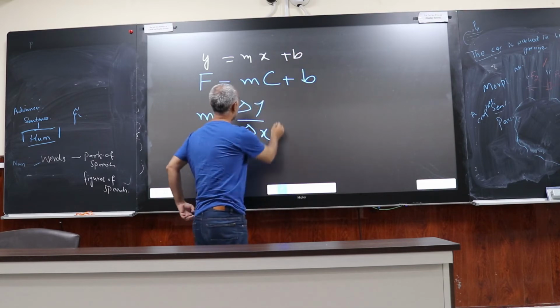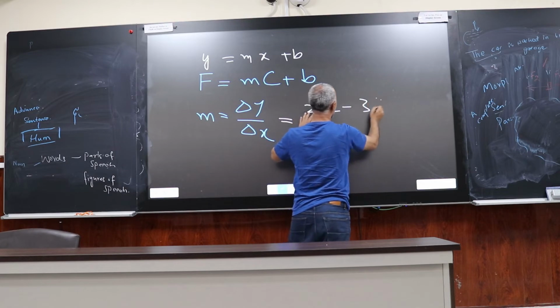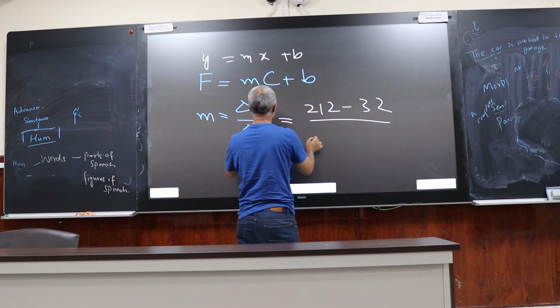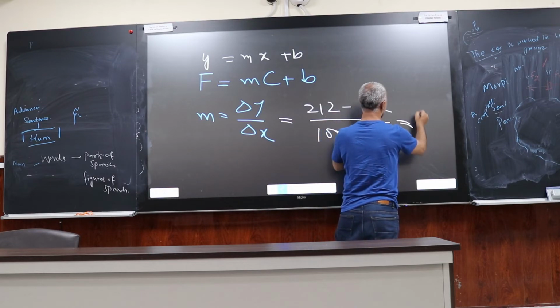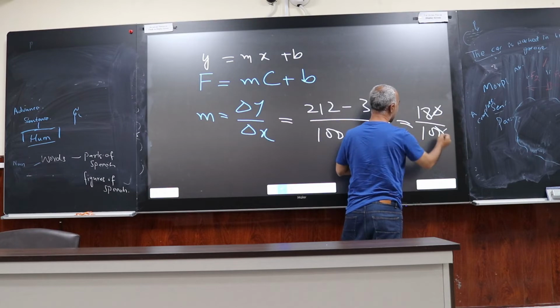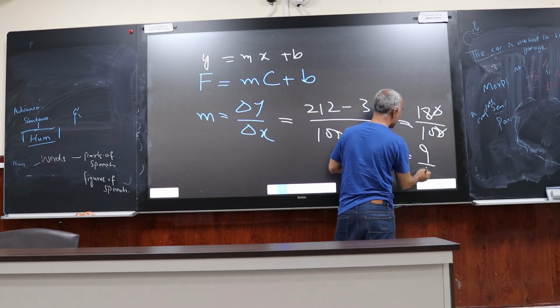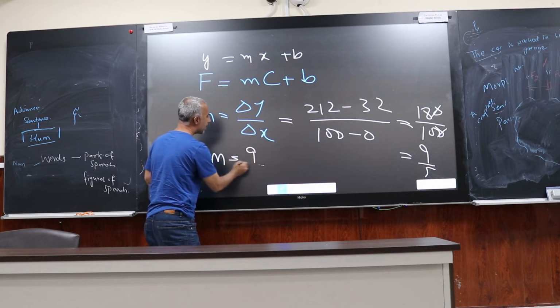So we will write the Fahrenheit 212 minus 32, and what is changed in the 100 minus 0. Zero. So it would be 180 divided by 100, and will be cancelled out. You will get 9 over 5. So your m is equivalent to 9 over 5.